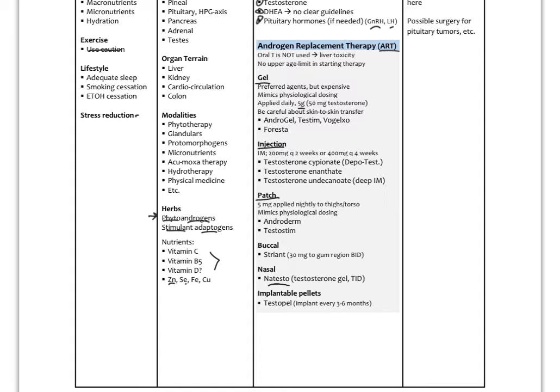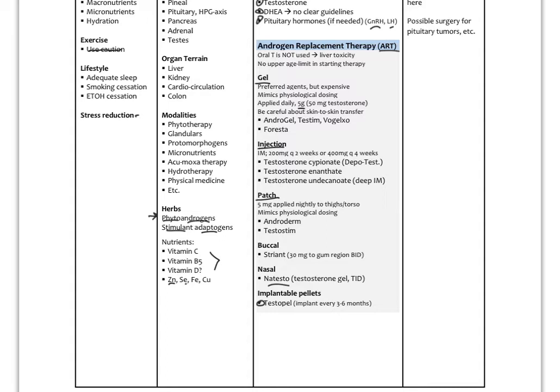And then probably the most popular thing I've seen recently are the implantable pellets, so Testopel, and this implant is given every 3 to 6 months. Again, this is not physiologic dosing, and I've actually seen now a number of female patients who are receiving this, and I'll remember that there is a role of testosterone in females, we think, especially for supporting energy, but also libido and sexual function.